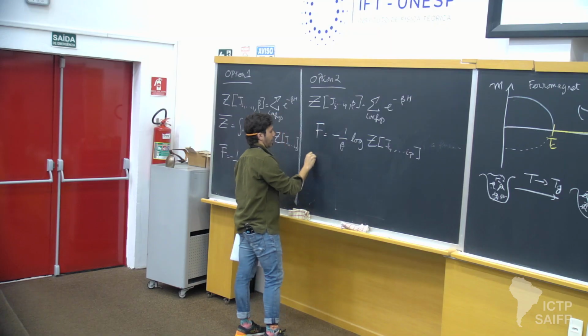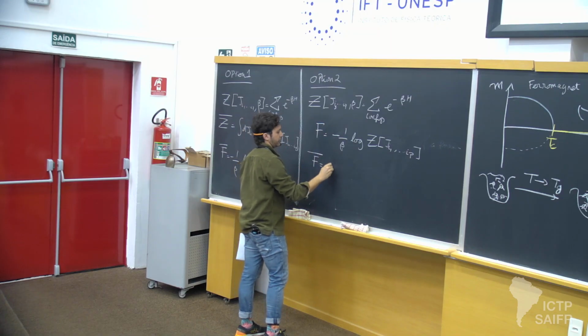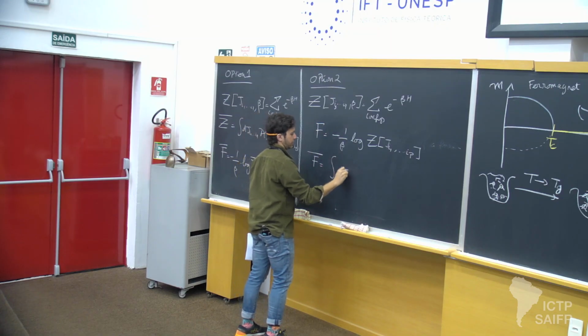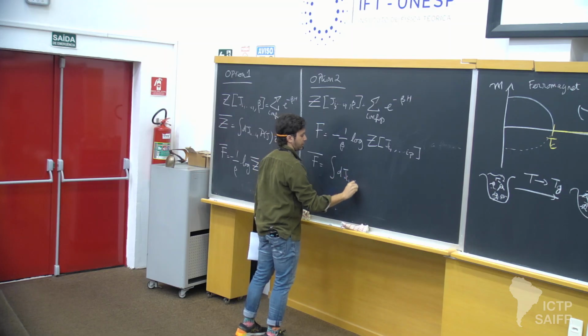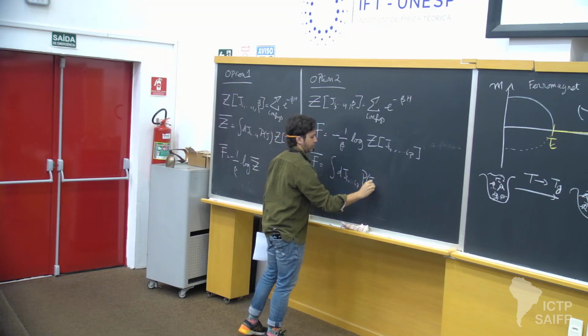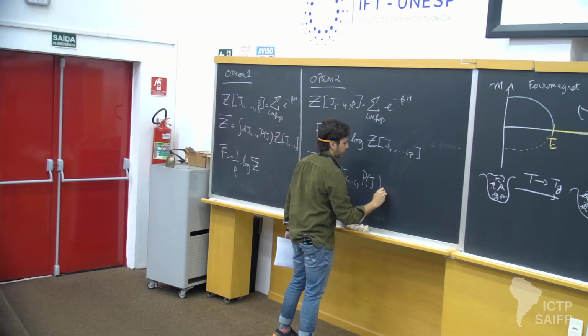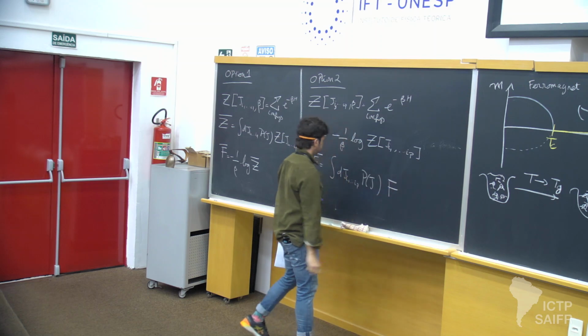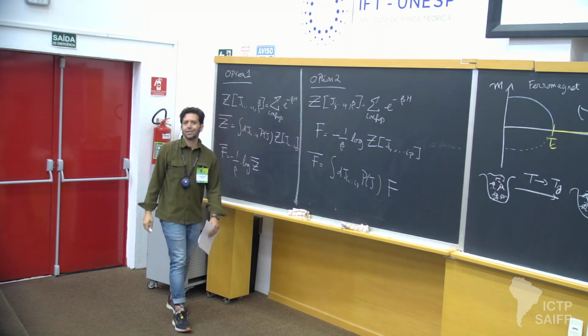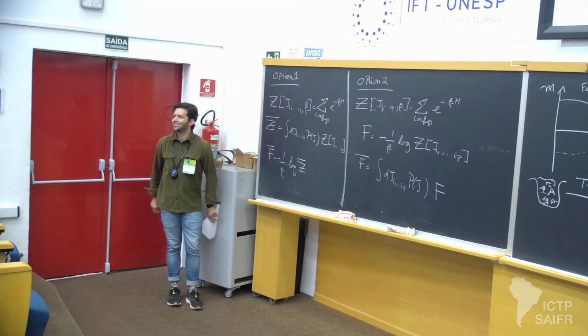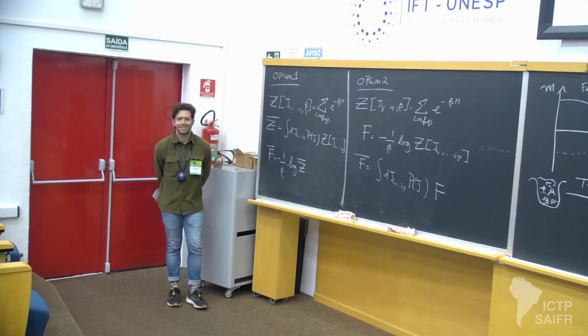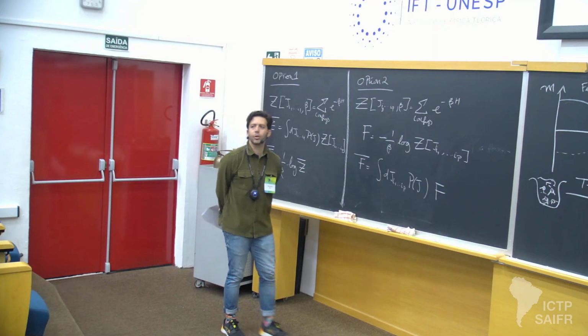Then I average. So which one do we do? Any guesses? Which one do you think is easier?